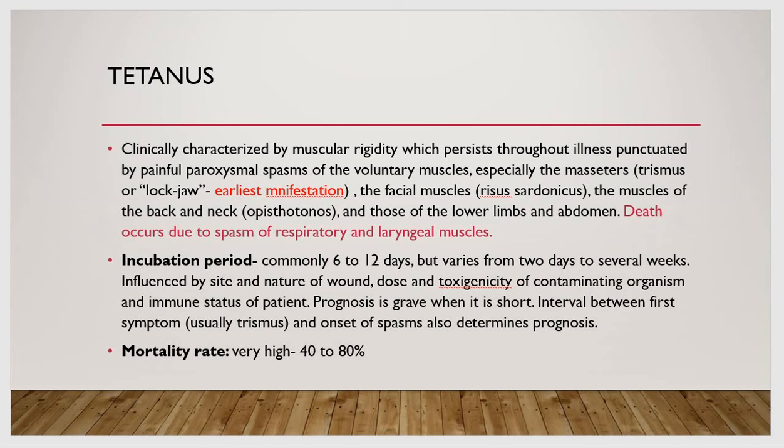Muscular rigidity, and in between painful paroxysmal spasms come and go, of the voluntary muscles, especially the masseters. It affects the masseters, causing trismus or lockjaw. This is the earliest manifestation.